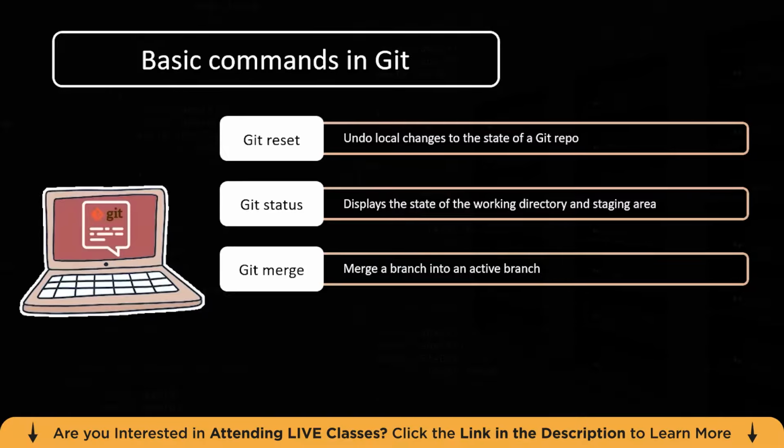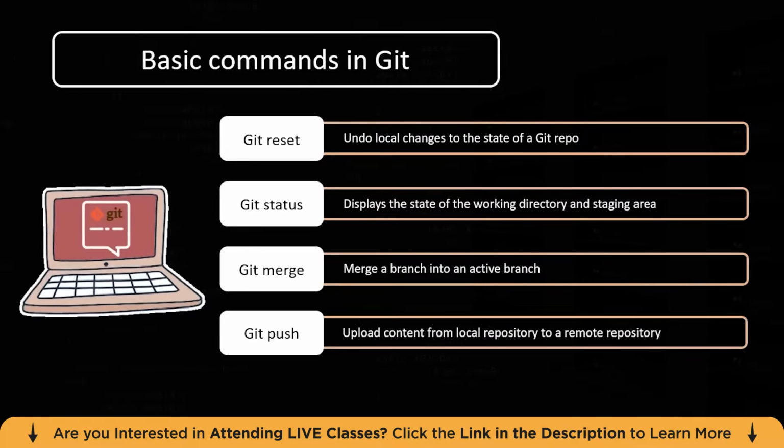All you can do is go to the master branch and trigger the merge activity. This merge will check the difference between the two branches, and whatever commits are missed out will be synced back into the master branch. So git merge helps us to move the changes from one branch to another.